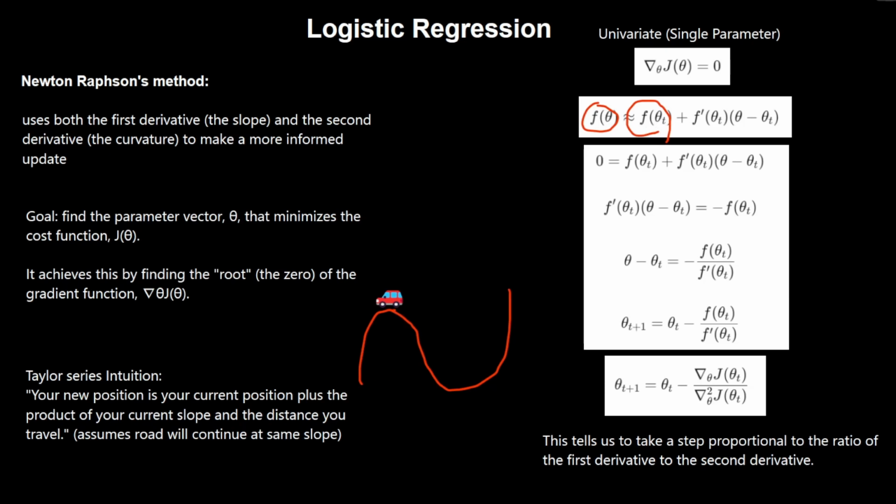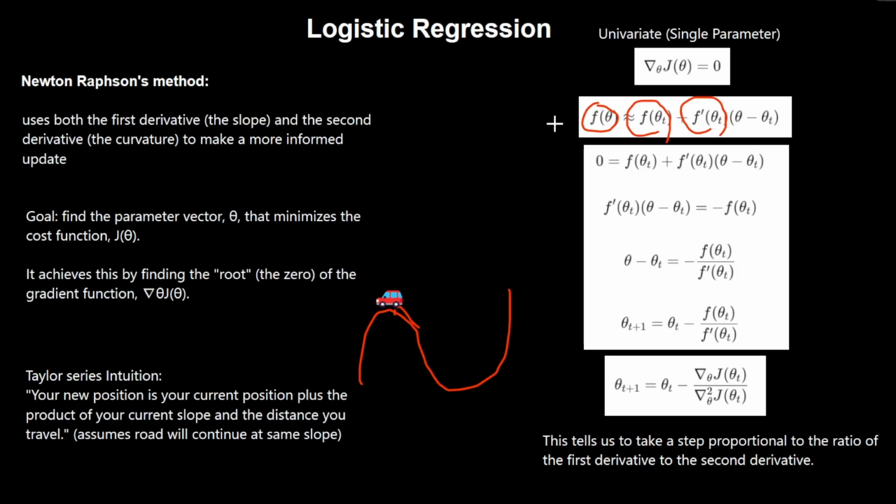Next we have the derivative, which is the slope in this direction. The slope says it's going downward, and this represents the distance the car has traveled. Even though it is a curve, we can use this information to predict the next probable position by assuming the curve is a straight line.